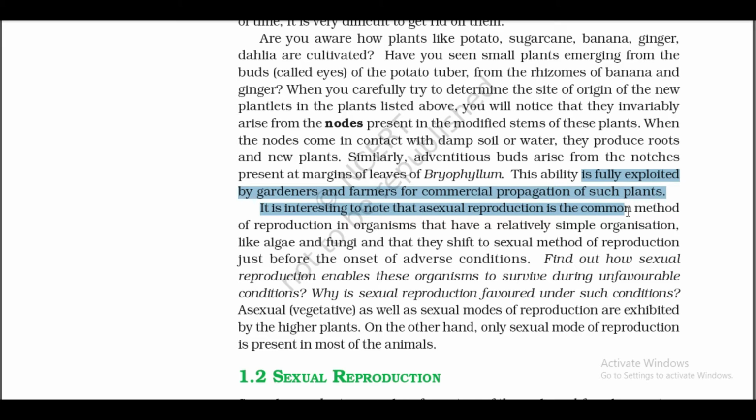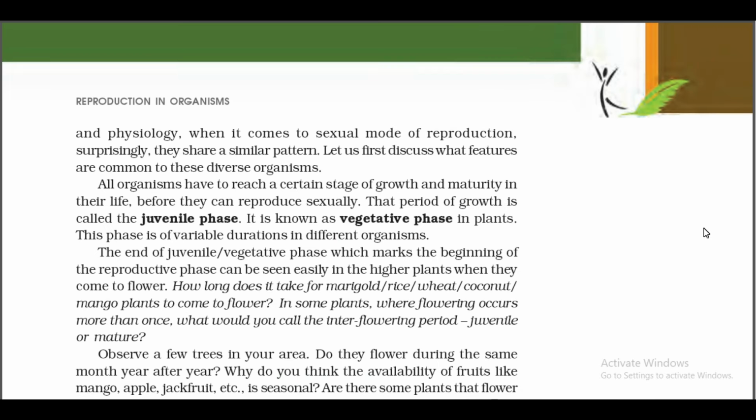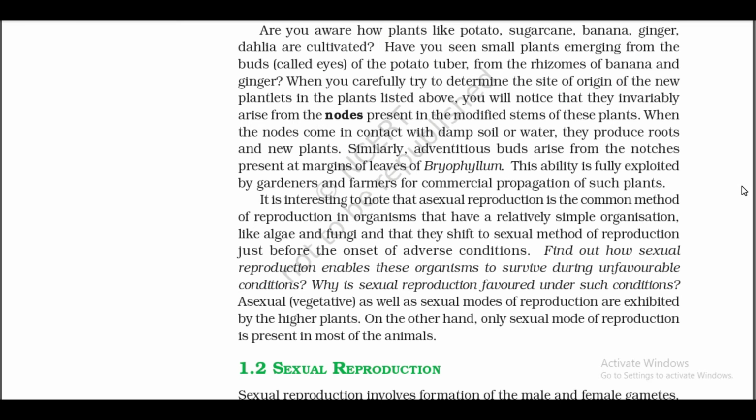It is interesting to note that asexual reproduction is the common method of reproduction in organisms that have a relatively simple organization, like algae and fungi, and that they shift to sexual method of reproduction just before onset of adverse condition.